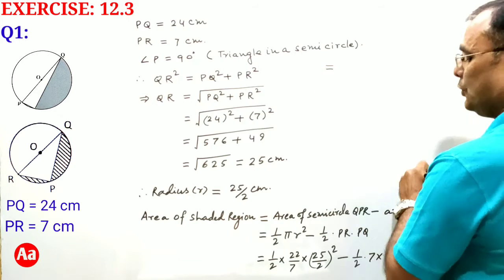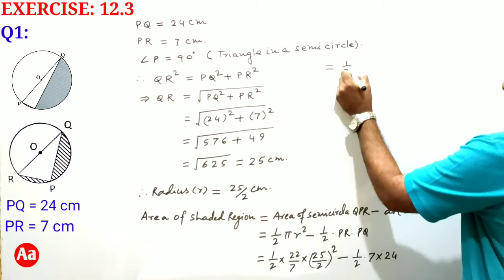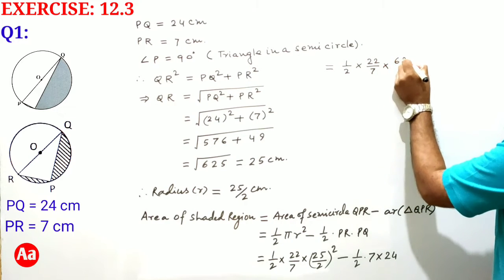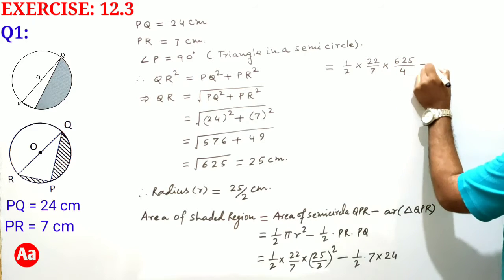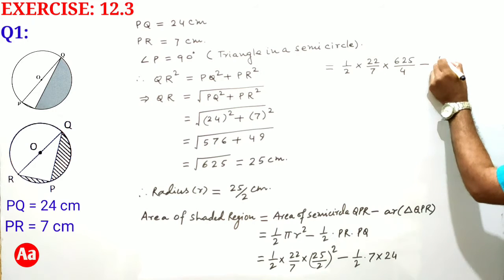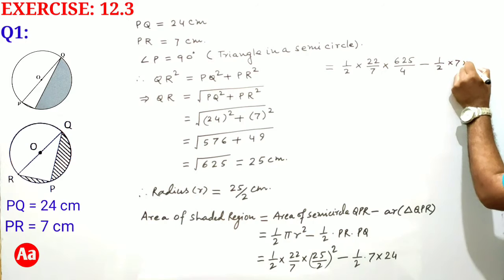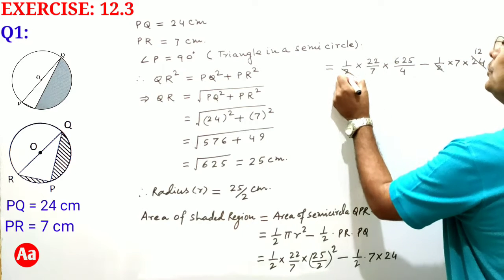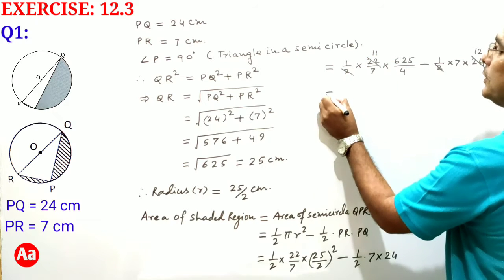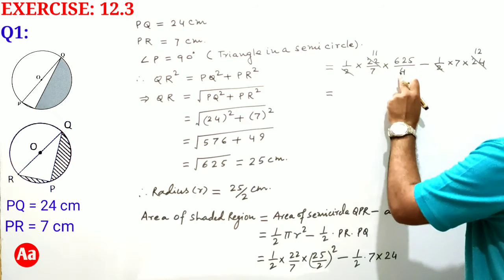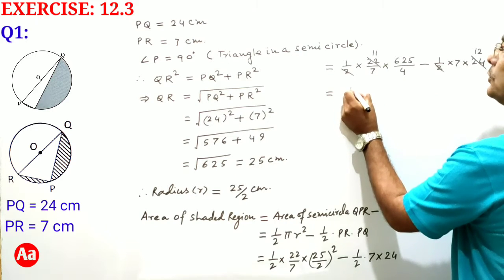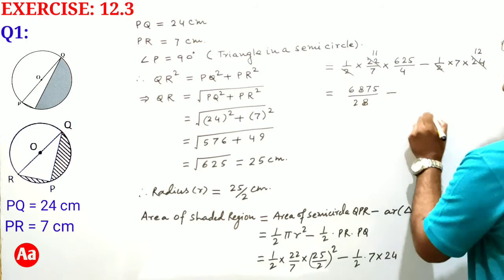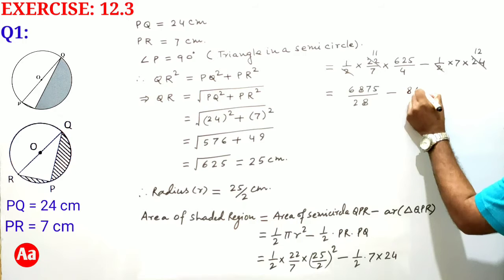Here this is equal to half into 22/7 into 625/4 minus half into 7 into 24. 2 cancels with 22 giving 11, so 11 into 625/(7 into 4), so this is equal to 6875/28 minus 7 into 12, which is 84.